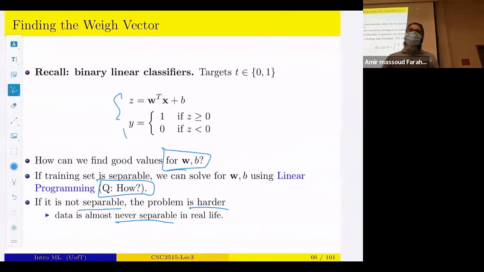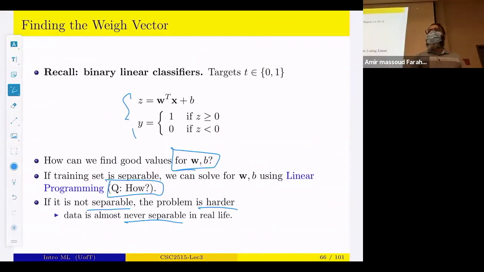Okay, so what we want to do is that instead of trying to find a perfect separation of data to +1 or -1, we want to find a classifier that minimizes the number of misclassifications, the incorrect classifications on our training data. This is something like we did for regression.